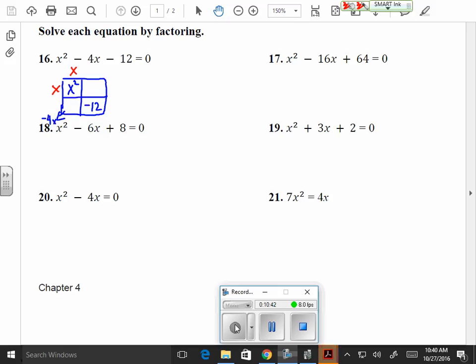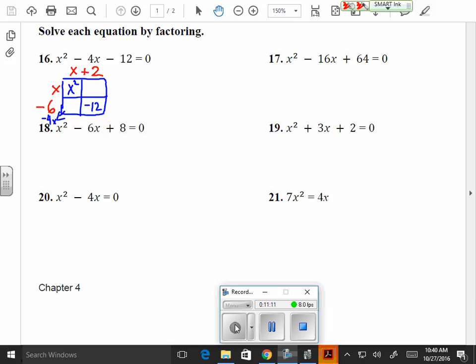And then to get negative 12, I need two numbers that multiply together to give me negative 12, but when they add together, they give me negative 4. So we're looking at 6 and 2, with the 6 being the negative one and the 2 being the positive one.